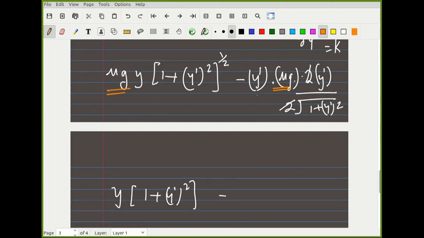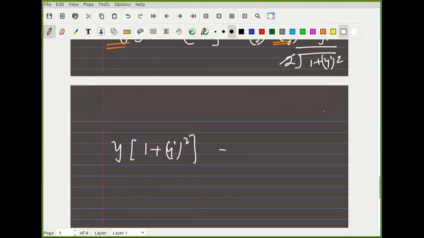So I'll ignore it. Not ignore. Basically, I plan to take it out to the other side. So I'll just take the other parts. So minus y dash the whole square equals some other constant.